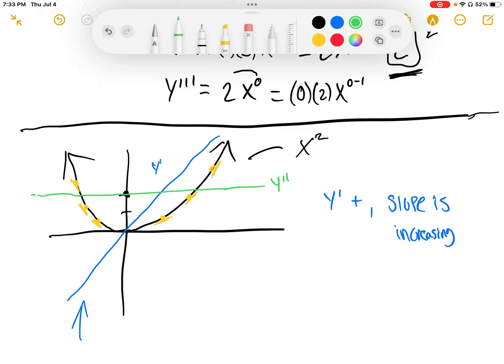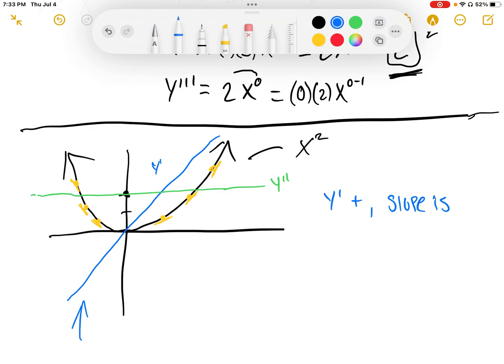So that tells us it's something called concave up. And concavity tells you whether the slope is, I'm sorry, it's not that slope is increasing over here, it's that slope is positive. That's what I should have said.